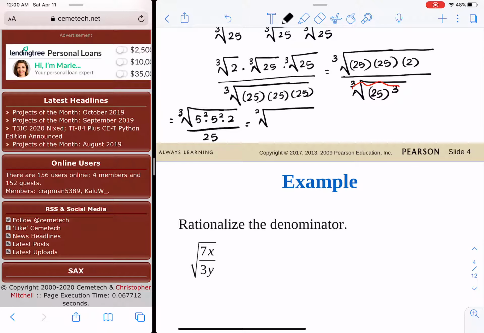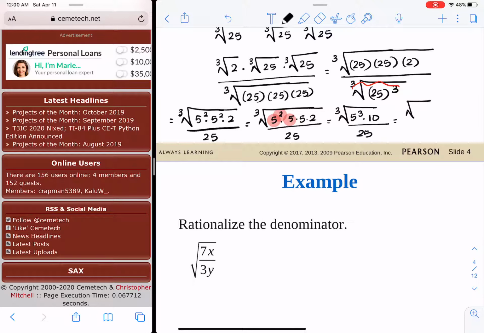So I'm going to write 5 squared as 5 times 5. Now, 5 squared times 5 is 5 cubed. And 5 times 2 is 10.